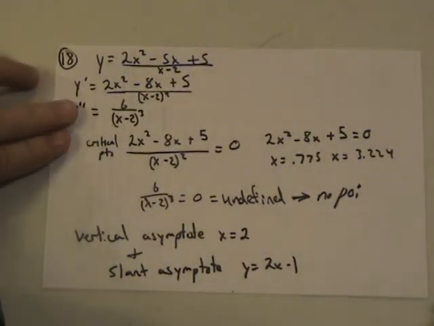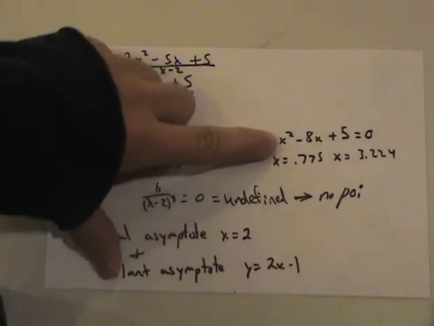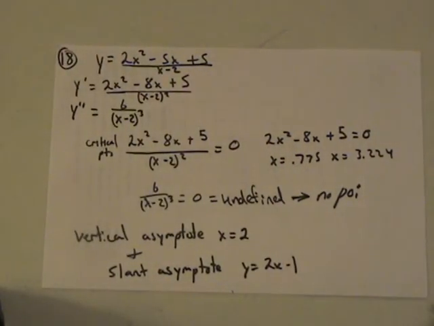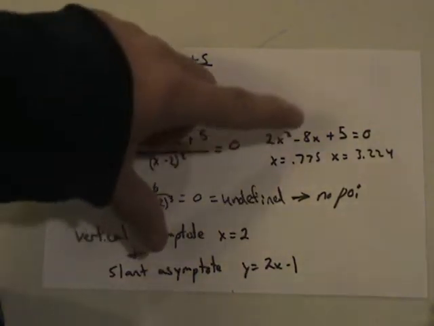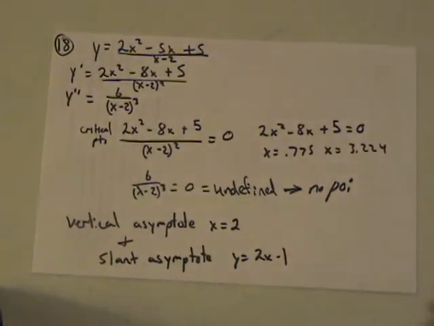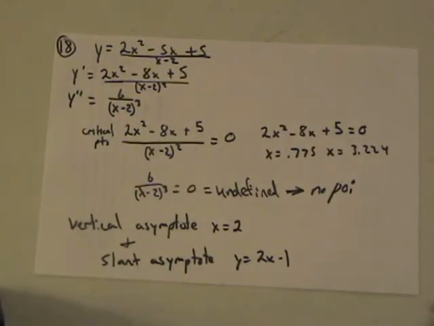After some queries with it, I finally figured I'd just put it in my calculator, and I found out the x-intercept, the critical points, and then for the second derivative, I figured out that it was undefined, so there's no point of inflection.